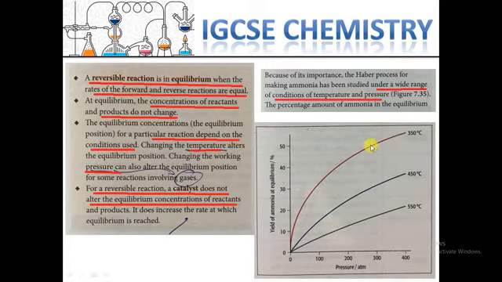Between these three temperatures, which one has the highest amount of ammonia produced? It's clear at 350. So it doesn't mean if we increase the temperature, we will get more ammonia. No. Lower temperature shows a better result.